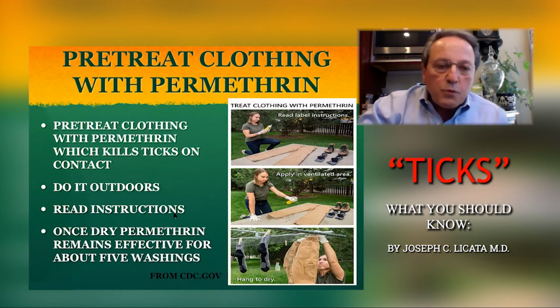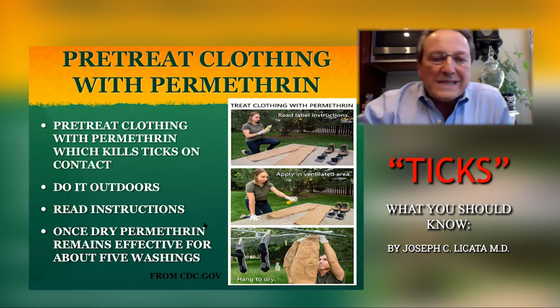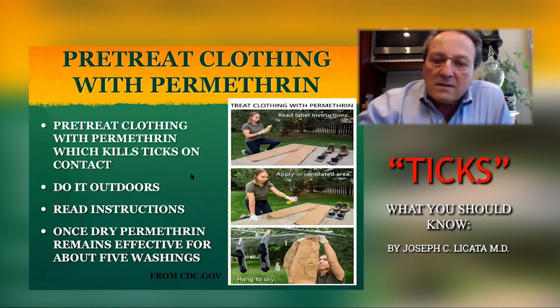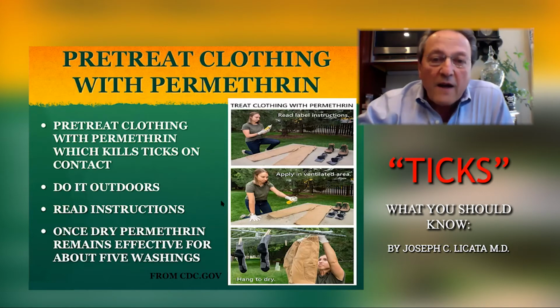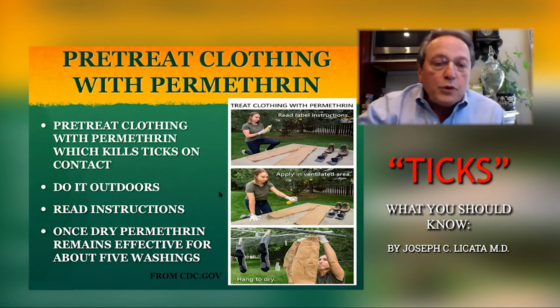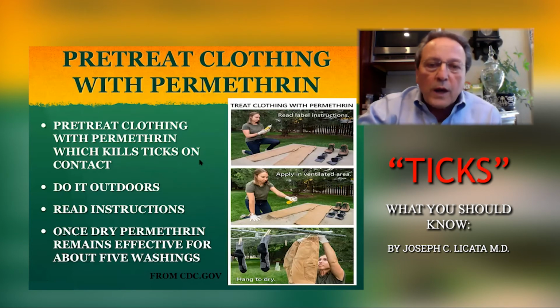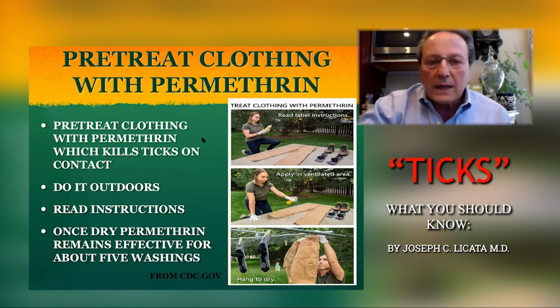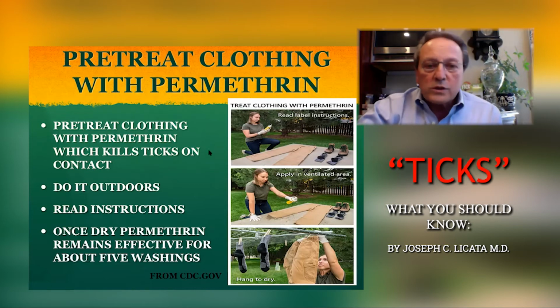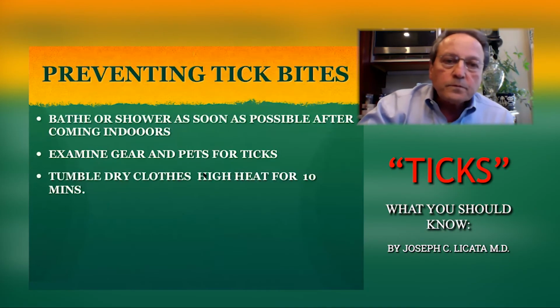You can spray on the permethrin. Once it dries, any tick that gets onto those clothes actually dies on contact. And it lasts for about 5 washings. You can buy pre-treated clothing, or you can pre-treat the clothing using permethrin that you can buy in hardware stores and sporting goods stores.